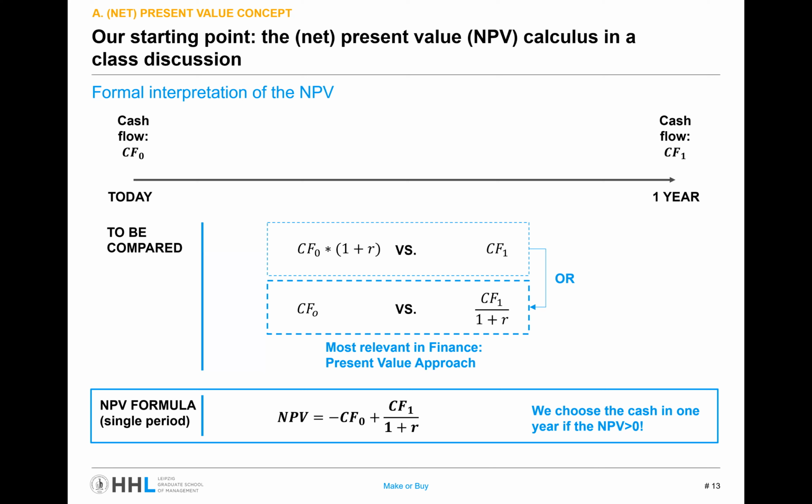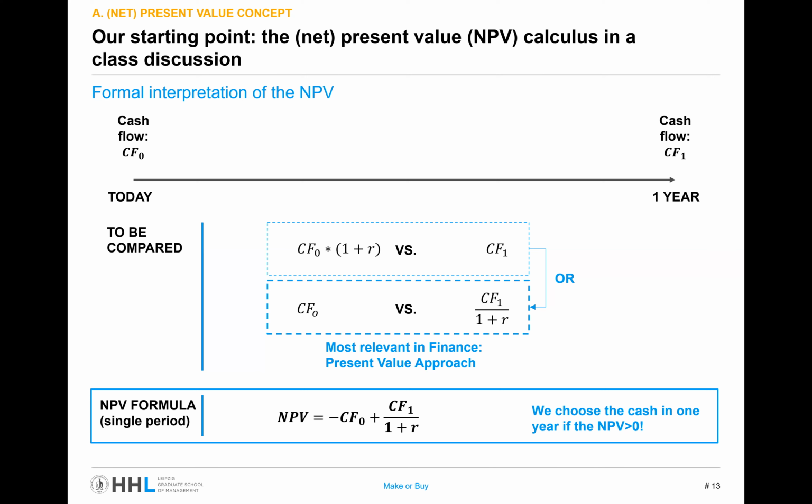And you see that this is basically just turning around the argumentation from before. The idea is the same. We need some kind of return between year 0 and year 1. The reason why people try to bring back all future values to today, that's the reason why it is called present value, is that it is easier to compare if you take cash flows from year 1, year 2, year 3, year 4, year 5, and you bring them back to year 0, than to do something the other way around.